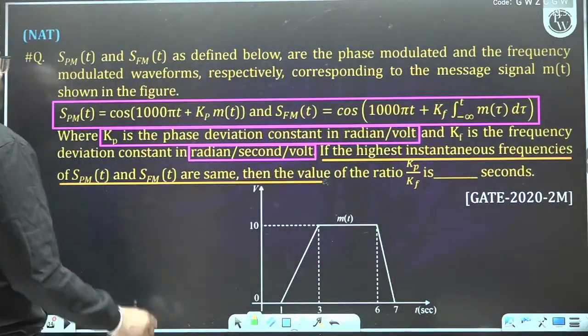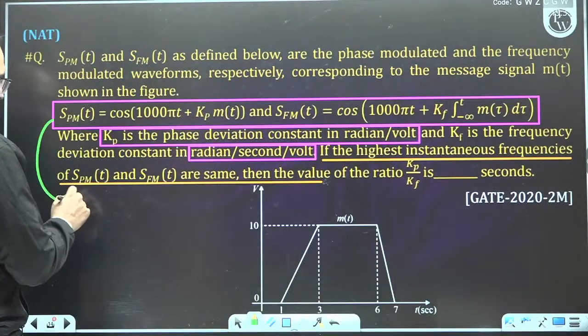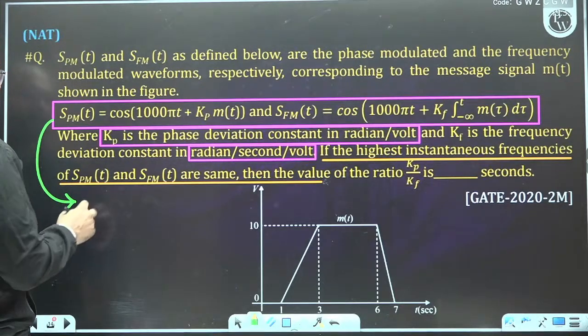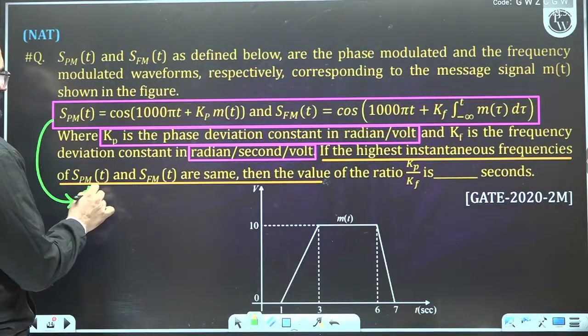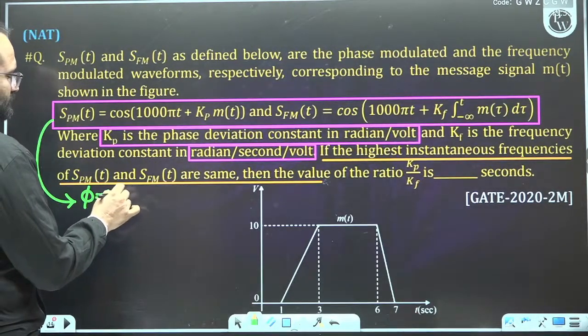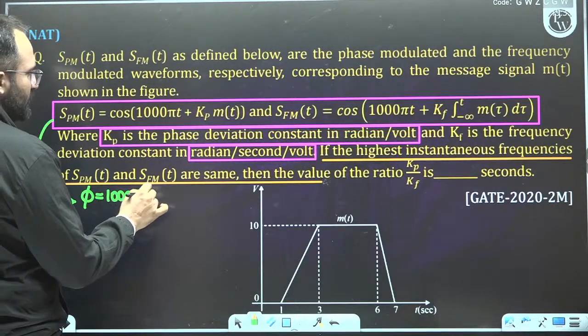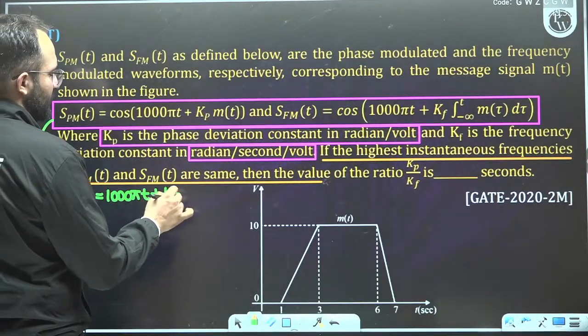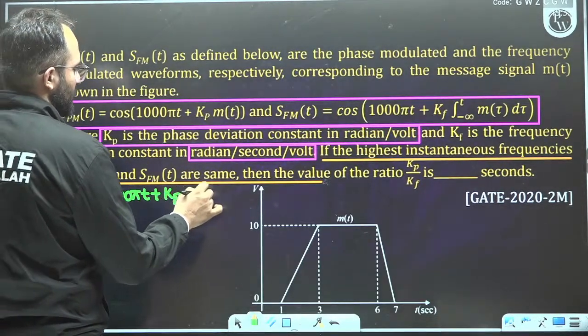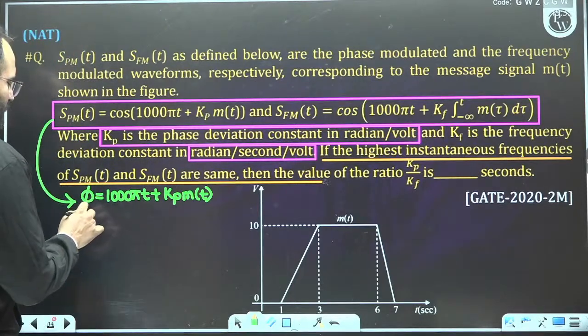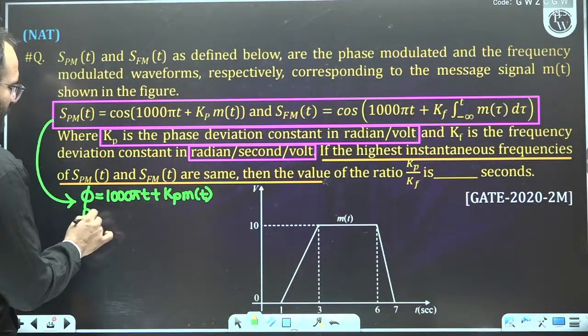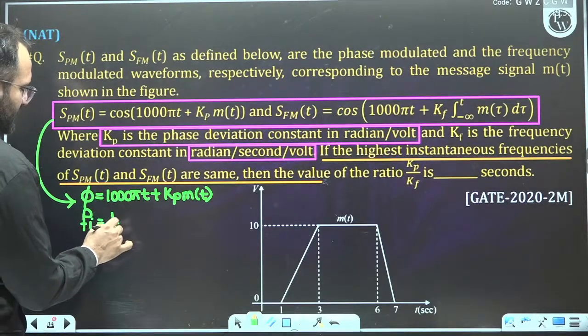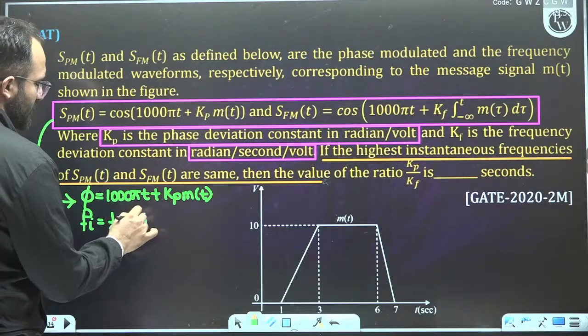Okay, so if we look at the PM signal, we know that the phase term is 1000 pi t plus Kp m(t). Okay, we can see that the instantaneous frequency is 1 upon 2 pi d phi by dt.